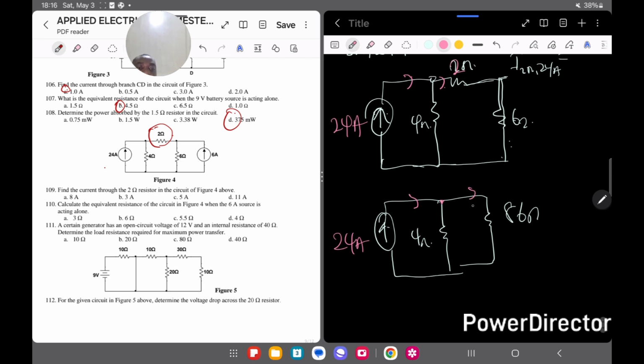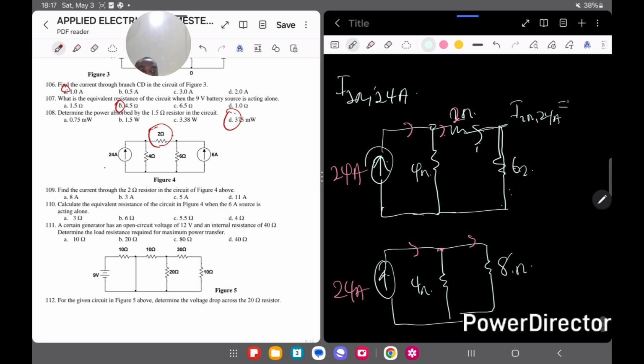So to find the current passing through this 8 ohms resistor, which is going to be the same current passing through the 2 ohms resistor, I just use the current division rule.